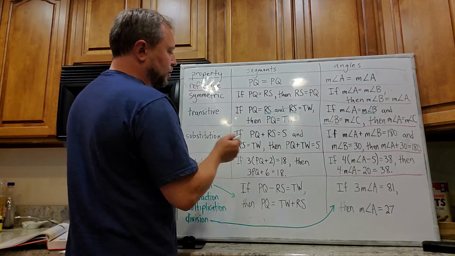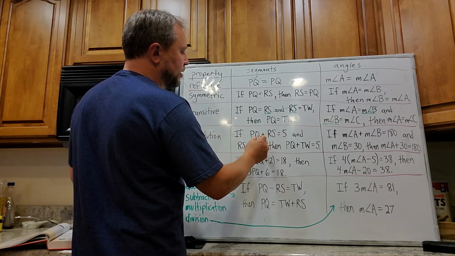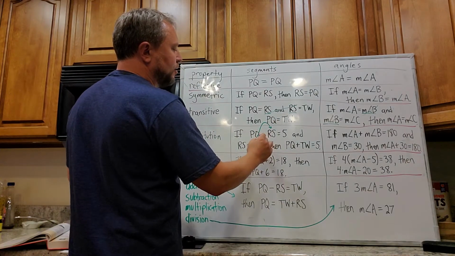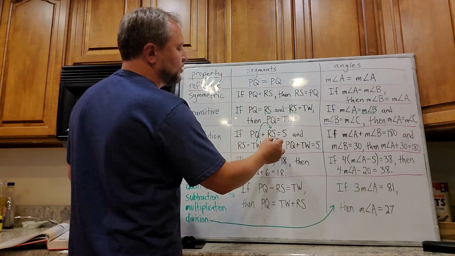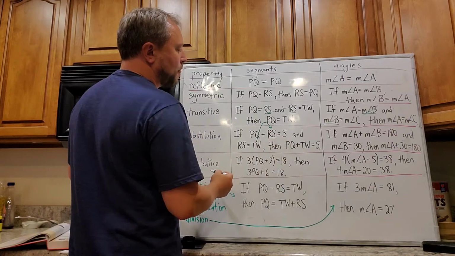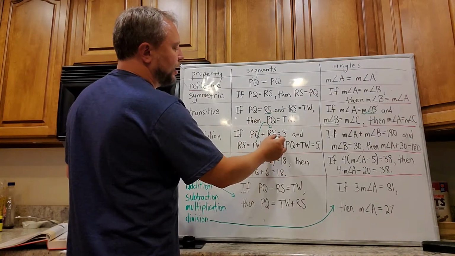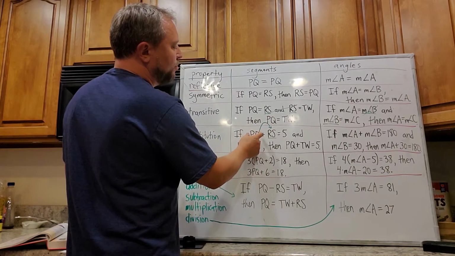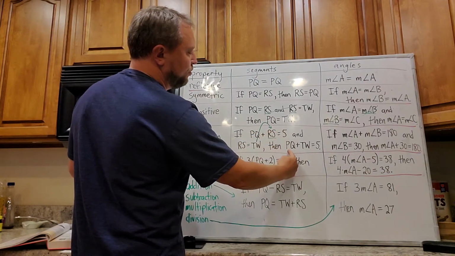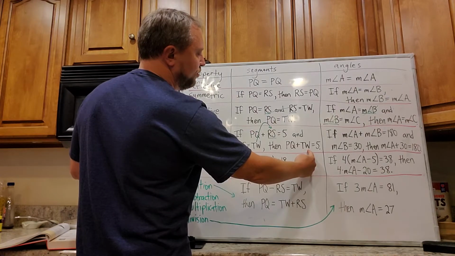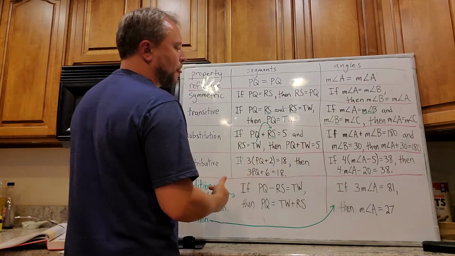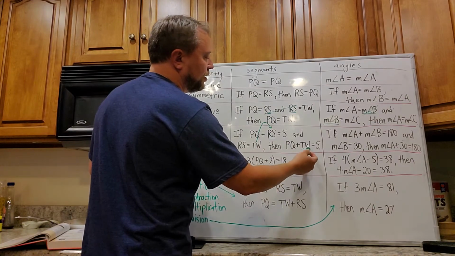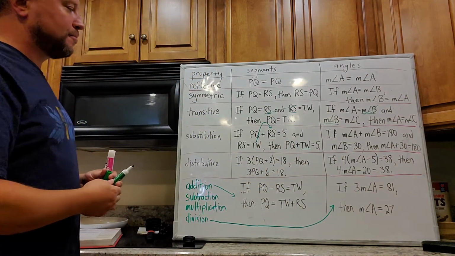I'm going to take this TW that I know is equal to RS, and plug it into this RS right here. So TW goes in there, and you're going to have PQ plus TW equals 5.